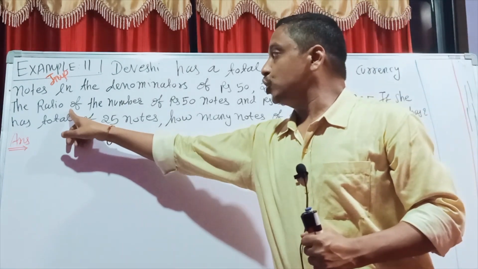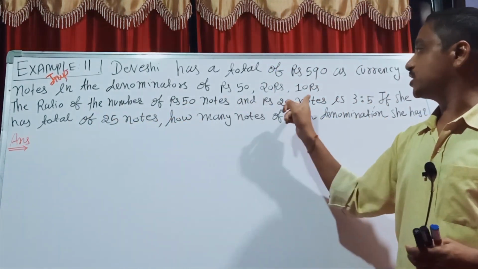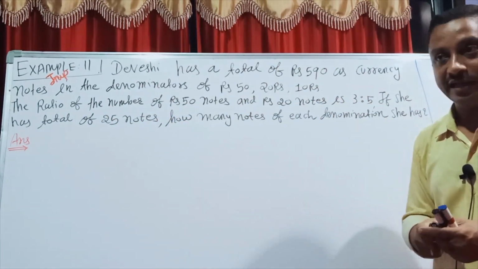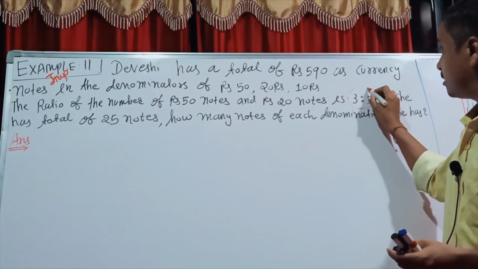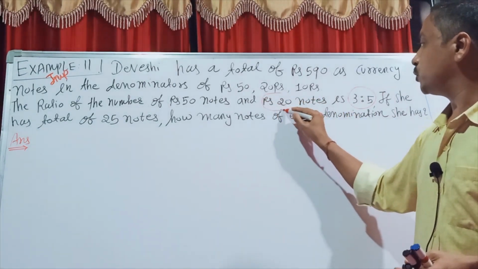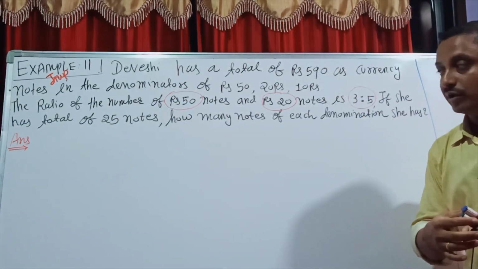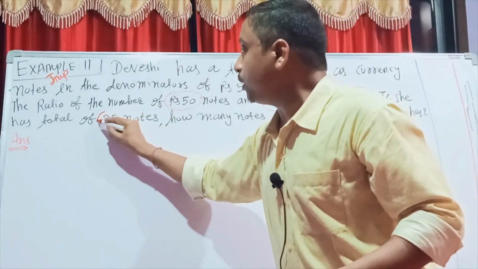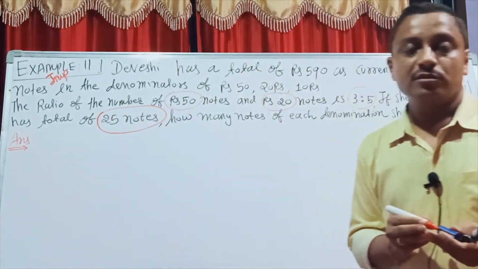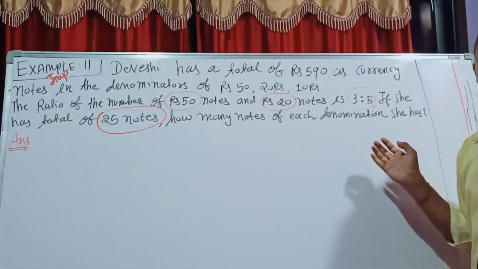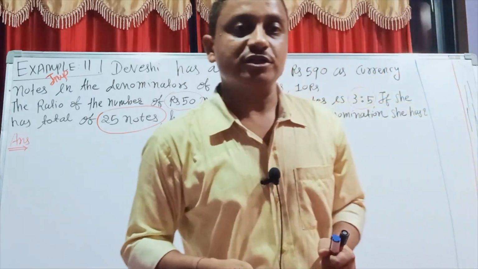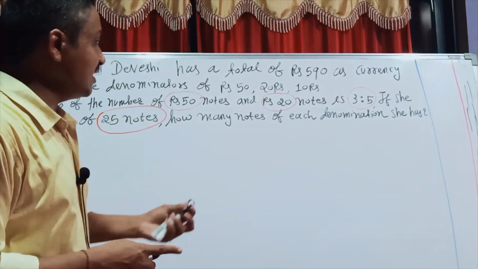Now, the ratio of the number of 50 rupees notes and 20 rupees notes is 3:5. So students, first of all you start with the ratio of 50 rupees notes and 20 rupees notes. And secondly, given that she has 25 notes in total, find out the different types of notes she had. So very easy.